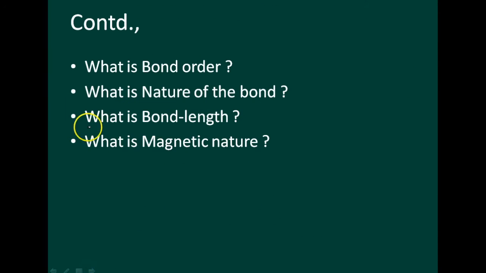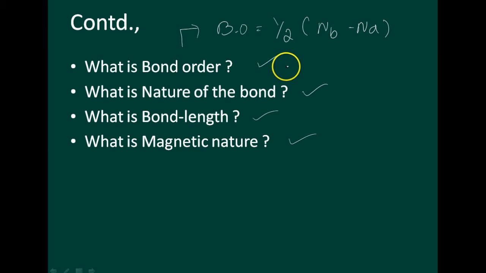Next, I will give some definitions: bond order, nature of the bond, bond length, and magnetic nature. The first one is bond order. Bond order is equal to half into Nb minus Na. So bond order is defined as one half of the difference between the number of electrons present in the bonding orbitals and the number of electrons present in the antibonding orbitals.